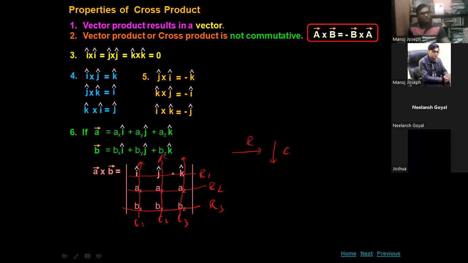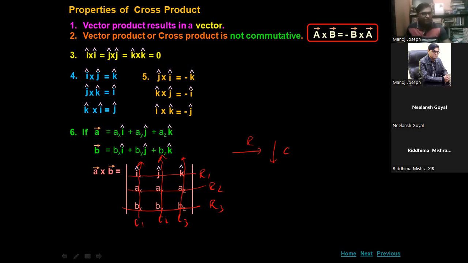In the first row, we will just put what is given in the vectors. These are the unit vectors ijk, because ijk is common in A and B. Now the first vector is A, so I will arrange the scalars of A: ax, ay, az.